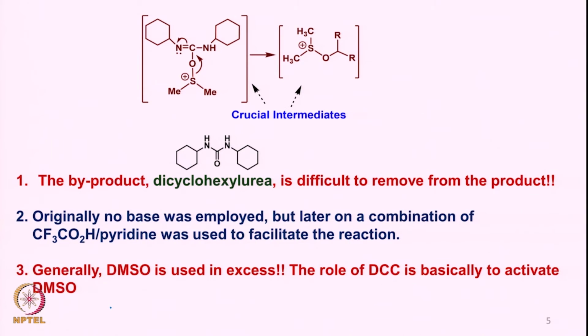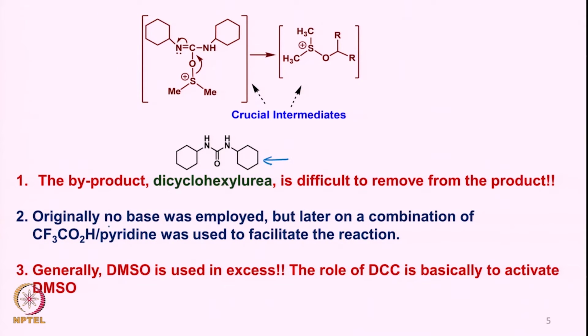What happens during the reaction is that this dicyclohexyl urea becomes difficult to remove while purification of the ketone is being done. So many people did not prefer to use dicyclohexyl carbodiimide because of the difficulty in separating dicyclohexyl urea.